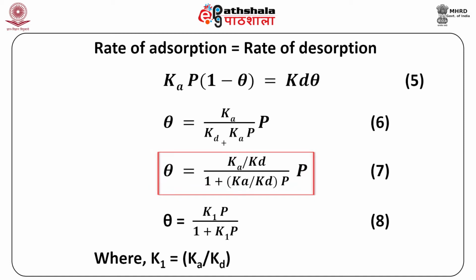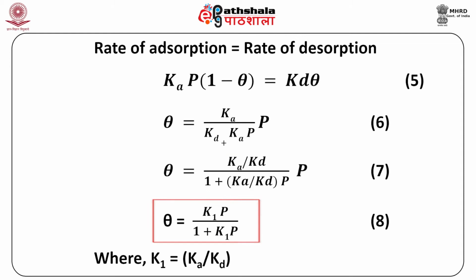Or we can write theta equals Ka by Kd upon 1 plus Ka by Kd into P as our equation 7. Or we can give theta equals K1P divided by 1 plus K1P as equation 8, where K1 is equal to Ka by Kd. This is known as the Langmuir adsorption equation.